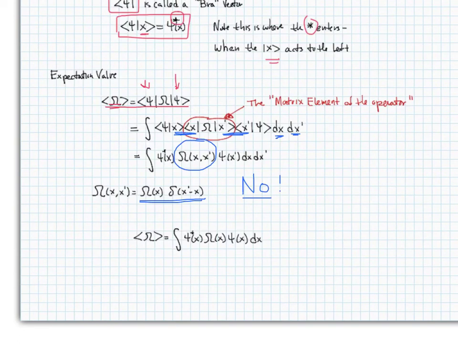So we put this in and integrate, and because of the properties of the Dirac delta function, one of these integrations disappears. So we're left with, yes, that's right, the expectation value when we've represented everything in terms of x.